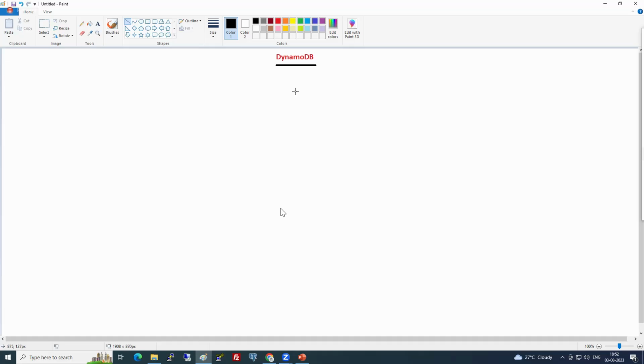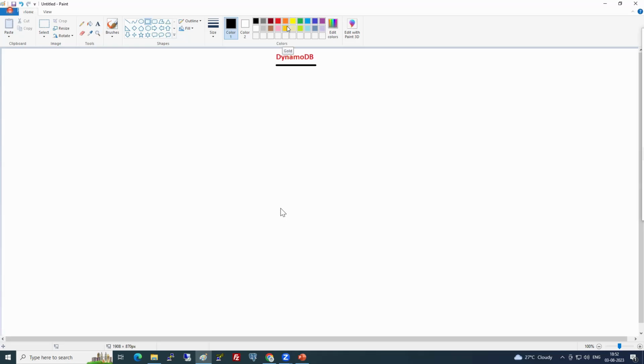Okay. Do you know what a table is? A collection of columns and rows. If anyone doesn't know what a table is, guys, in our childhood or in our college days, I think definitely you might have done some project.